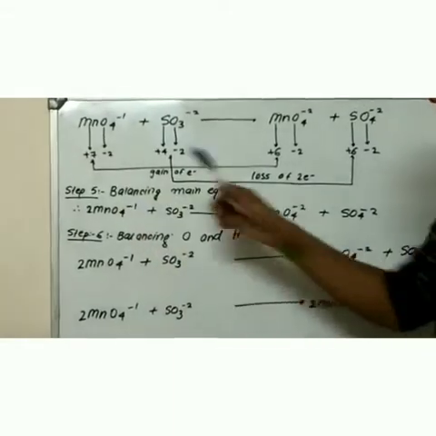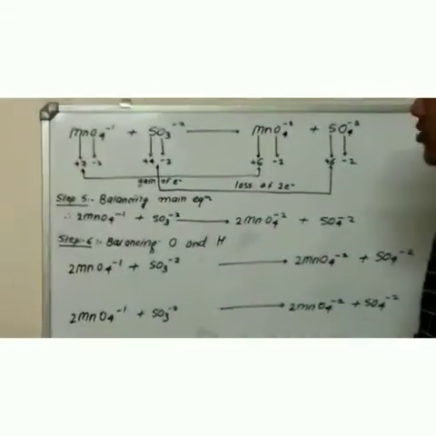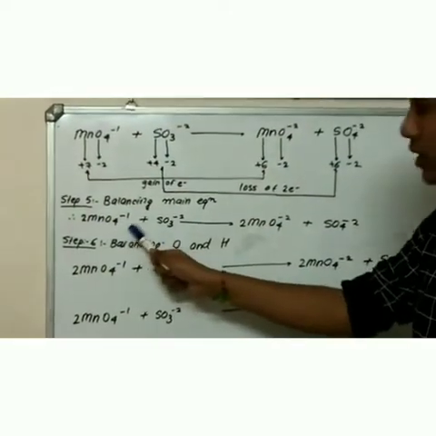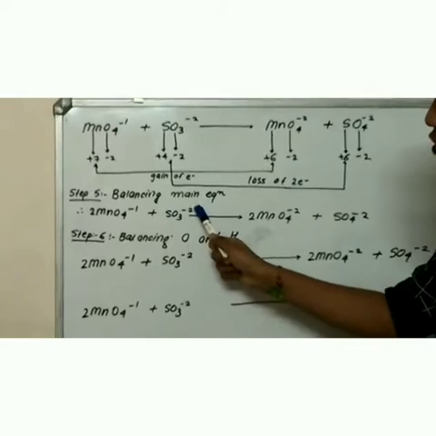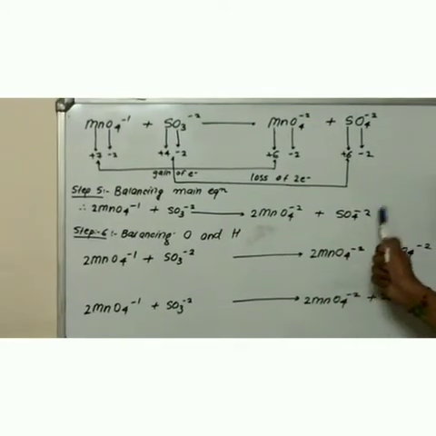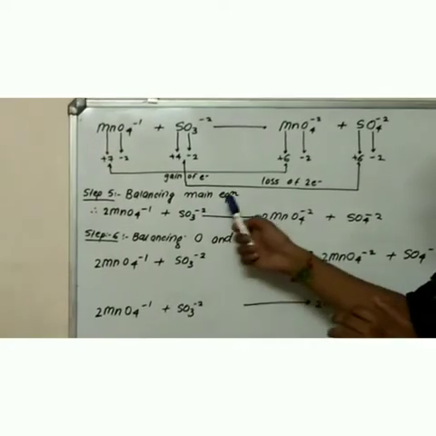So we can just multiply by the LCM, that is, 2 MnO4 minus plus SO3 2 minus gives 2 MnO4 2 minus plus SO4 2 minus. So we are halfway done, that is, balancing the charges.